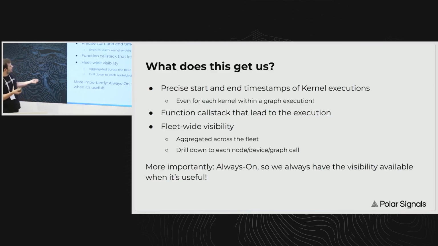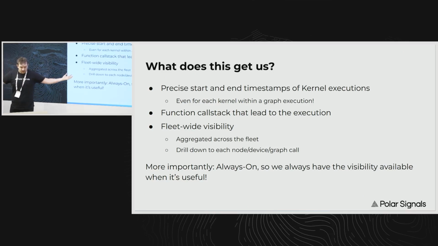So what does this get us? Like I said, we get the start and the end times of kernel executions, whether it's a regular execution or a graph execution. We know what is the function call stack that ended up leading to this, but most importantly, this is the goal that we set out to do: we can do this fleet-wide at very low overhead, and we can get the visibility across what are the most expensive CUDA kernel executions that we perform across our entire system.